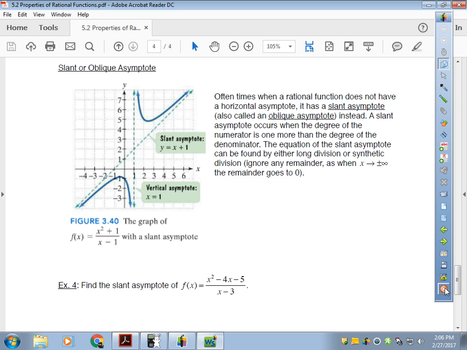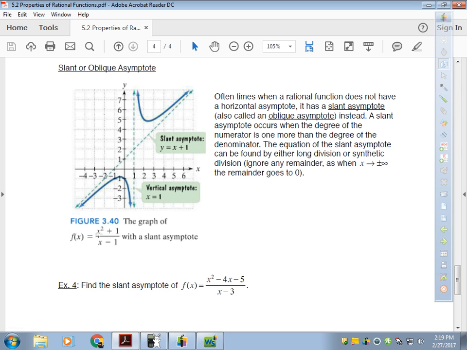Now, you find the equation of the slant asymptote by either long division or synthetic division. When you do these divisions, you ignore the remainder, because as x goes to positive or negative infinity, that remainder will go to 0, go away. Here's a graph of one that has a slant asymptote: f of x equals x squared plus 1 over x minus 1.